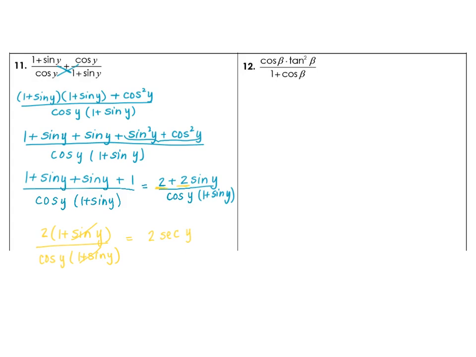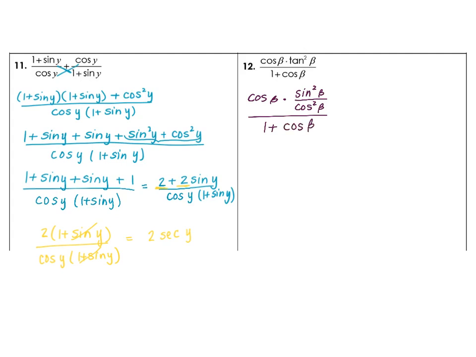Okay, for our final homework problem, it looks like we're going to have to do some rewriting in the numerator. And so, let's see, we have cosine beta times tangent squared, so that's going to be sine squared beta over cosine squared beta. And then all of that's over 1 plus cosine beta.